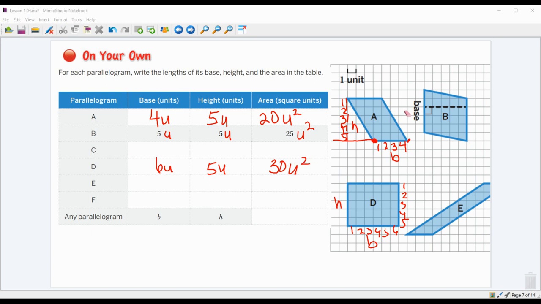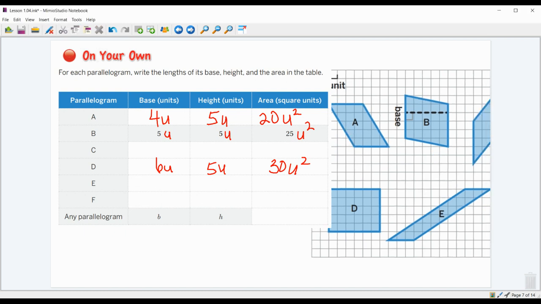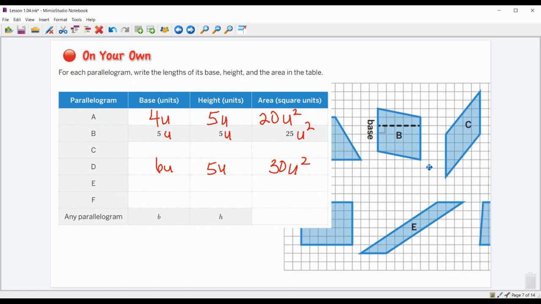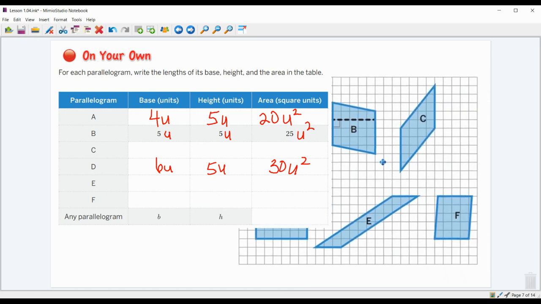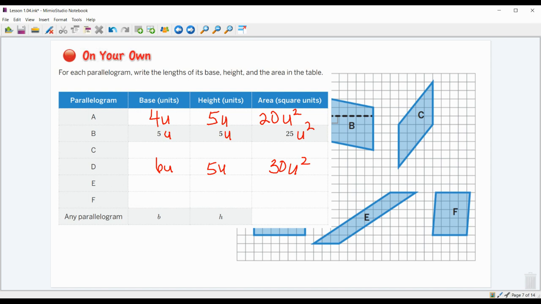Okay, I'm going to go ahead and erase these and move my picture over. Okay, let's see. I need C, E, and F. There we go. Okay, so for C, we picked this one as the base because I can count, right? I can tell easily. And then if I extend the base, here is the height.